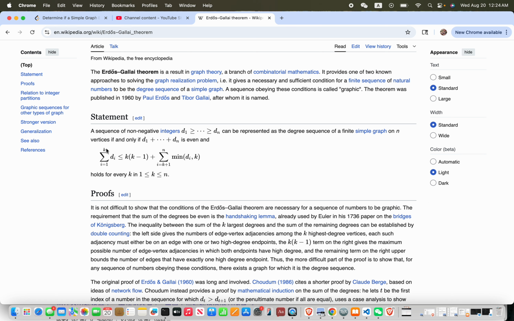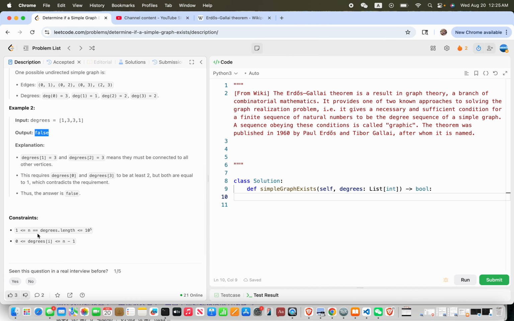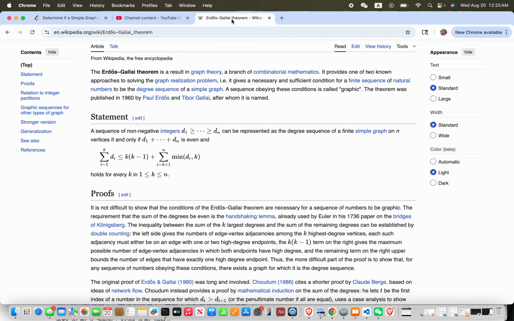Here is a partial sum, and this is the fixed number. This is another part of the sum, but this part you cannot just compute directly. That will not pass due to the constraint, because the degrees length can be as long as 10 to the power 5. So the problem here is how to effectively compute these partial sums.